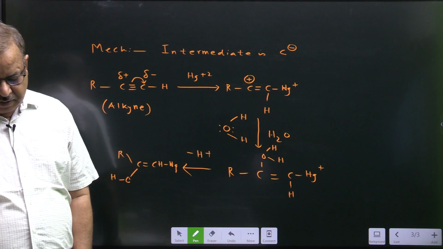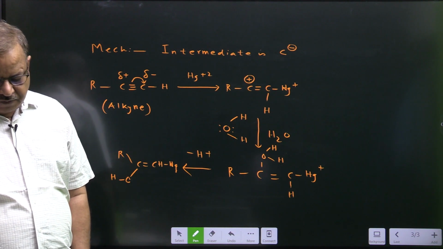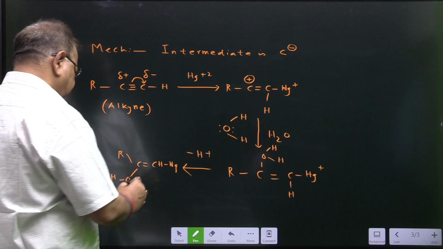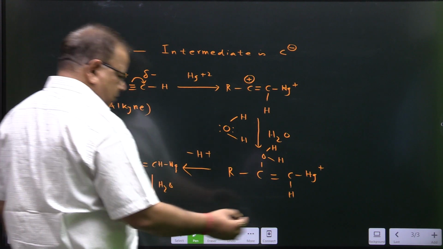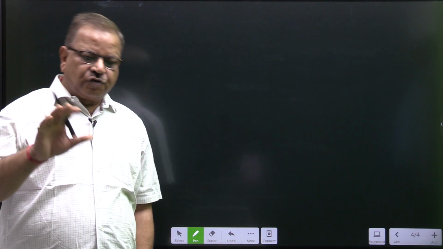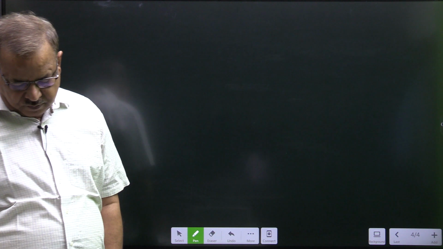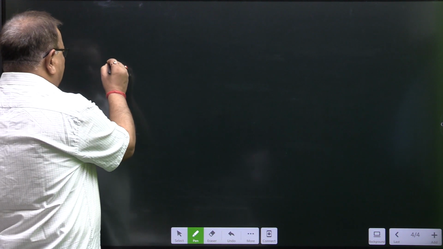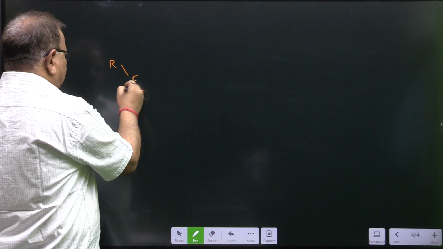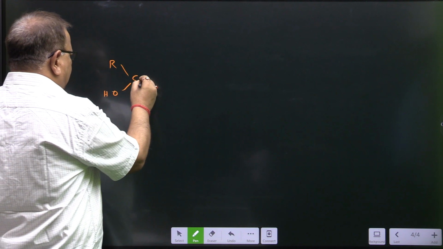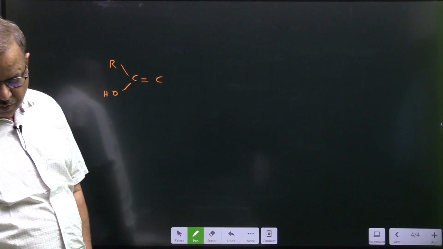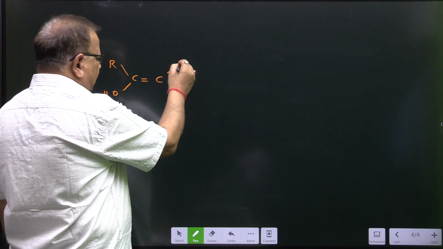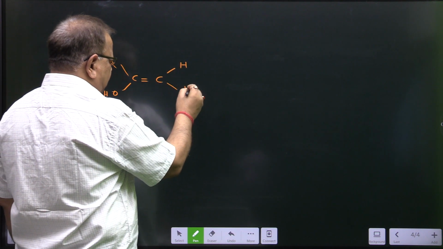And finally, when H2 is added at this stage, it will tautomerize. Finally, H2 is added and we get R, OH and a double bond. Only 2 protons are there, one is here, another is here.